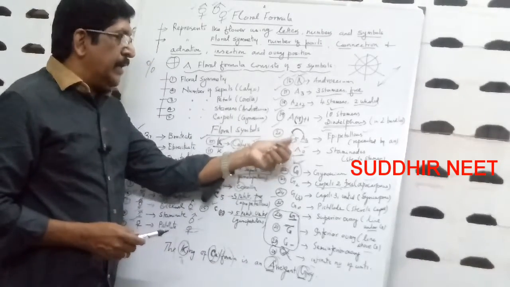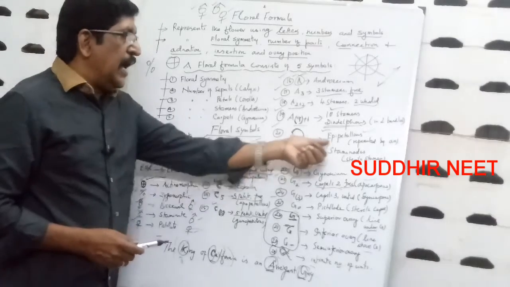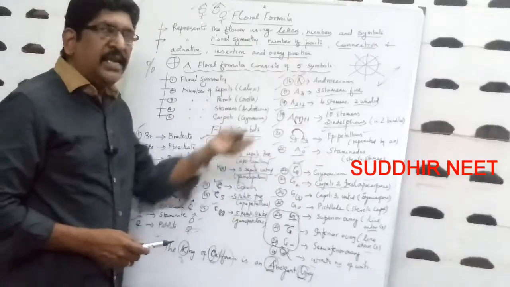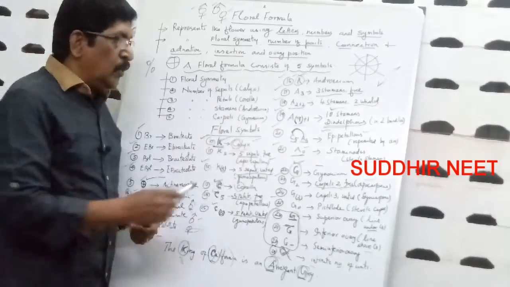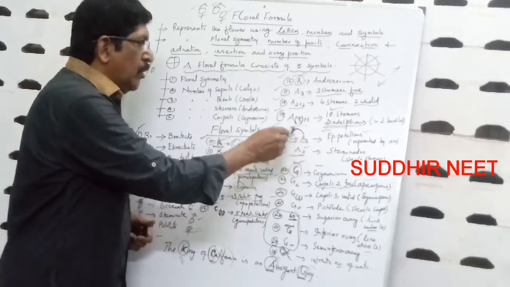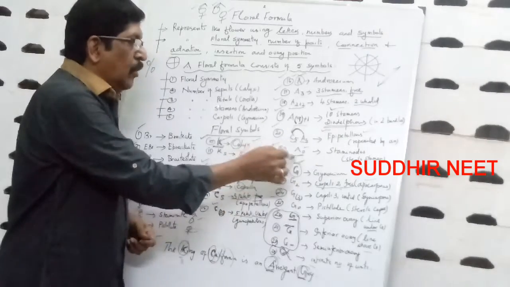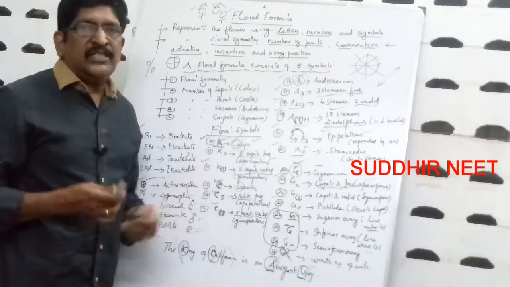C5, 5 petals, A5, 5 stamens, and epipetalous condition. The 5 stamens are attached to the petals, epipetalous. So it is represented by an arc, epipetalous condition. A0, no stamens, staminode, sterile stamen.